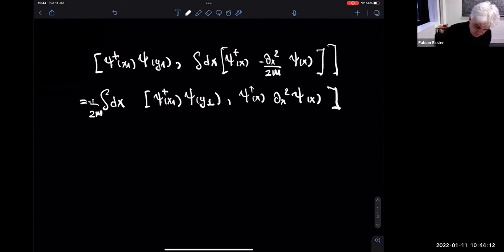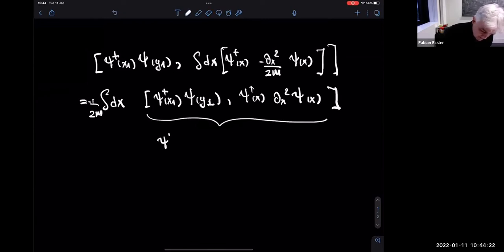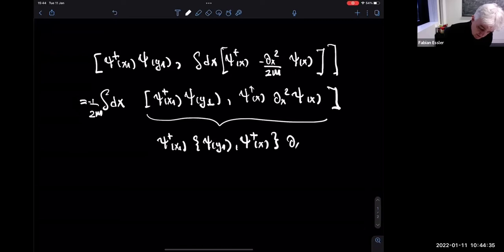So you get a non-trivial contribution here from, okay, so what is this? This is psi dagger of x1. Here you get the anti-commutator, psi of y1, psi dagger x, dx squared psi of x, and then plus other terms.